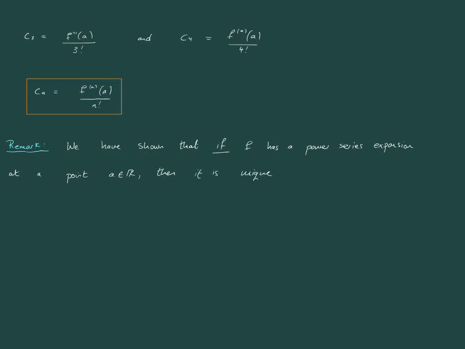Okay, so if f has a power series expansion at a point, it is unique. This is stated more explicitly as a theorem in your lecture notes on page 5, so I'd advise you to look at that. Okay, so with this remark in mind, we're going to make the following definition.